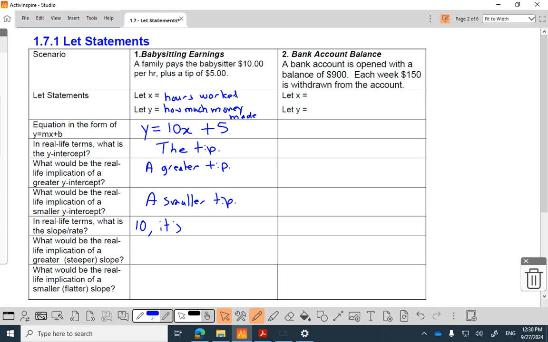It's the hourly rate. Yeah, it's the hourly rate. So what if we got a steeper slope? What would that mean if I was going to pay you with a steeper slope? A raise. Which kind of raise, though? There's two numbers here. A raise in the hourly rate. Perfect.